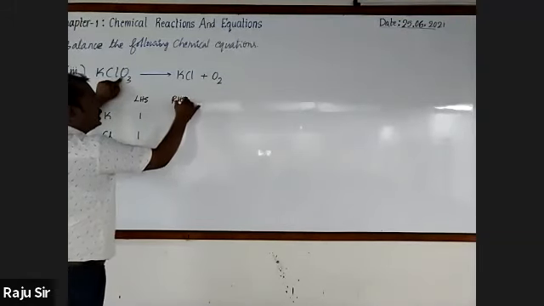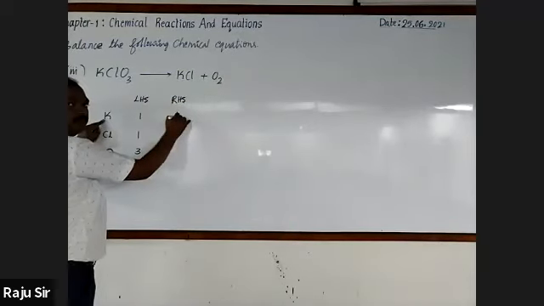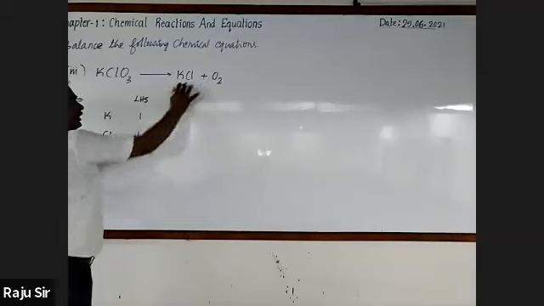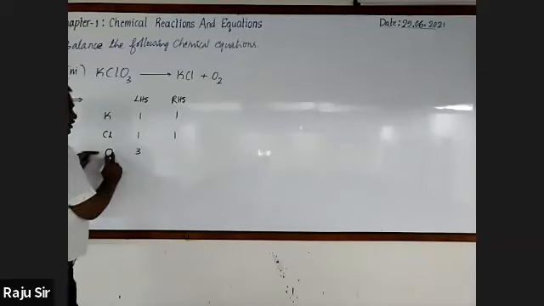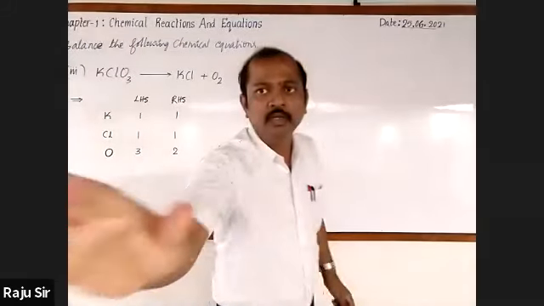On the right hand side, potassium has one atom, chlorine has one atom, oxygen has two atoms.